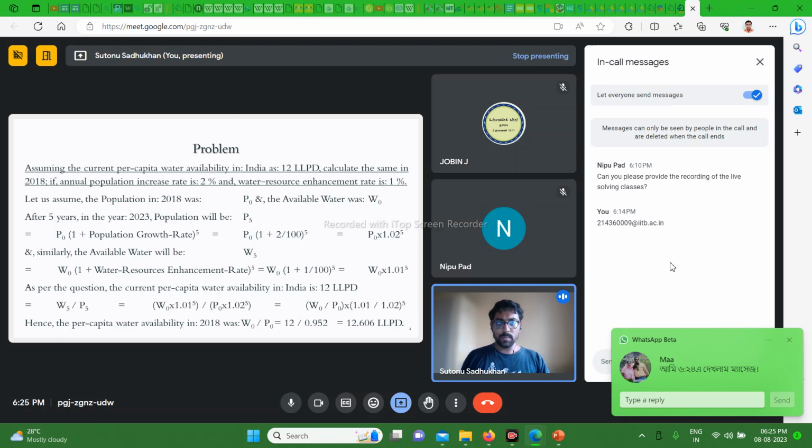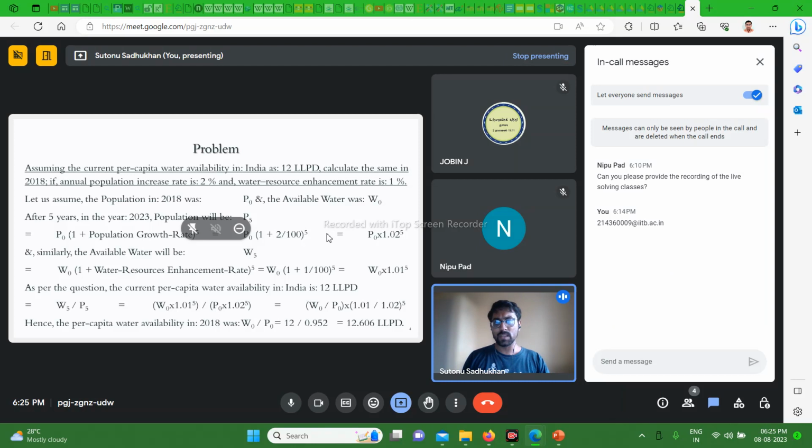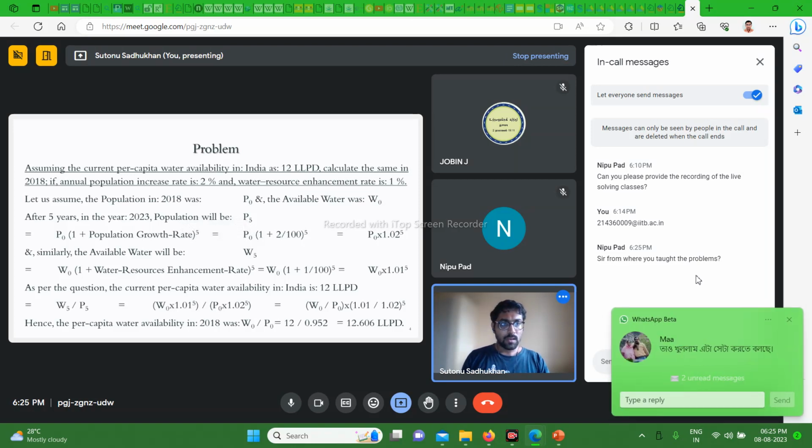If you understand this problem, I believe you will be able to solve the assignment questions you are having doubts about. But if you just remember the problem, you will not be able to solve it, because the data are changed. It is similar, not exactly the same problem, but if you understand the concept, solving assignment problems will not be a problem.